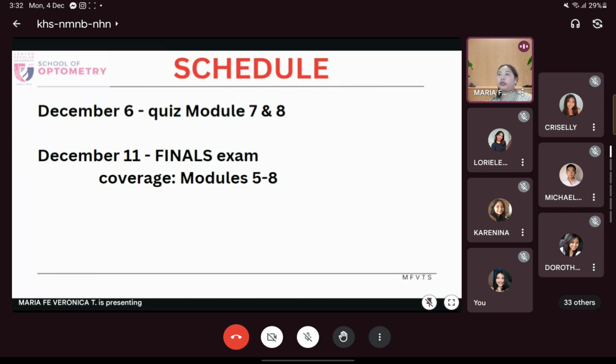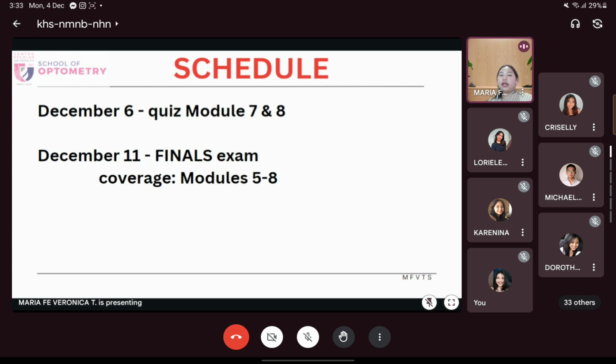So I don't want to entertain any late requests unless na lang valid yung excuse mo na bakit hindi mo siya na-take. I can consider. Pero kung for example, nakatulog ka lang, nakalimutan mo lang, though I think you are old and responsible enough to be able to take the quiz on the said schedule. Kasi you can take it naman during our class time para hindi mo siya makalimutan.